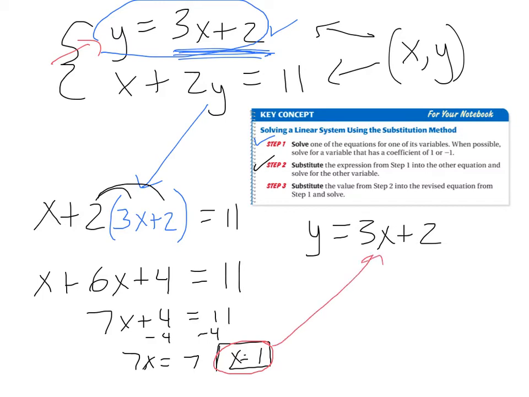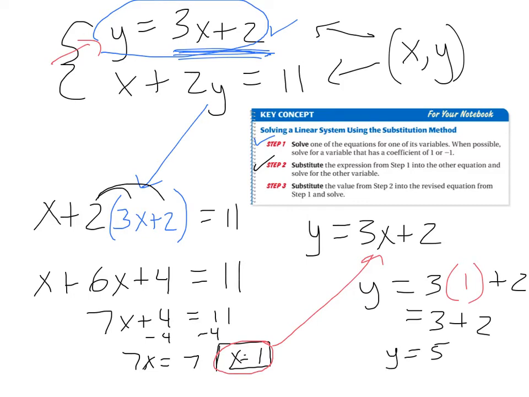So instead of x, let's make that value what we found it to be and solve for y. 3 and 2. Looks like 5 is what y is. And you can have one final statement that says your x value is 1 as found over here, and your y value is 5 from step 3.